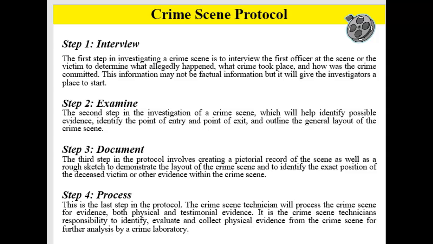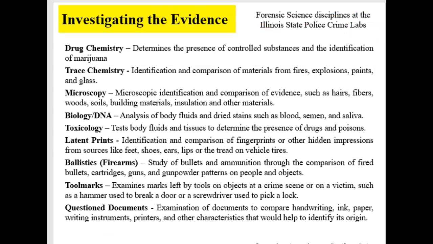Now, I know you're done with your notes per se, but these are all the different types of careers that are involved that you could be looking at as well. So tool marks, questioned documents, and I'm starting from the bottom. Ballistics would be going into some type of lab as well, and you saw some of those videos.